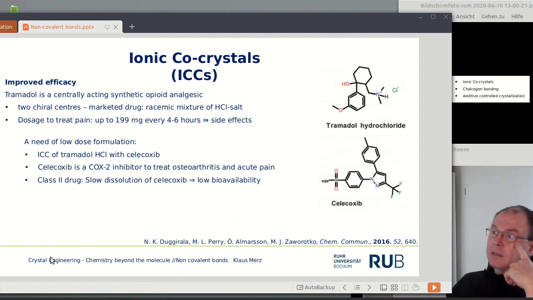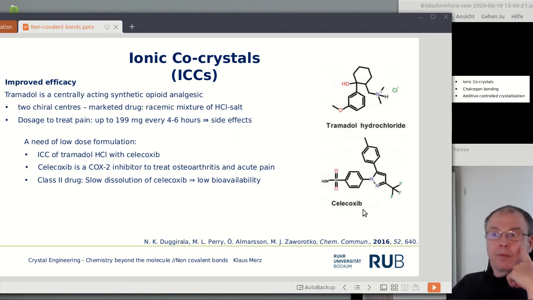On the other side, you can try to get co-crystals with a second drug. This is also a very interesting drug but has poor properties. In this case, it shows a very slow dissolution. So in one case you need a high dosage, in the second case, poor solubility.